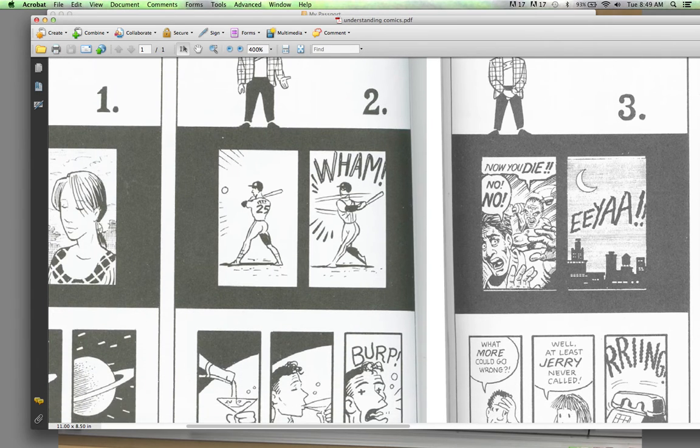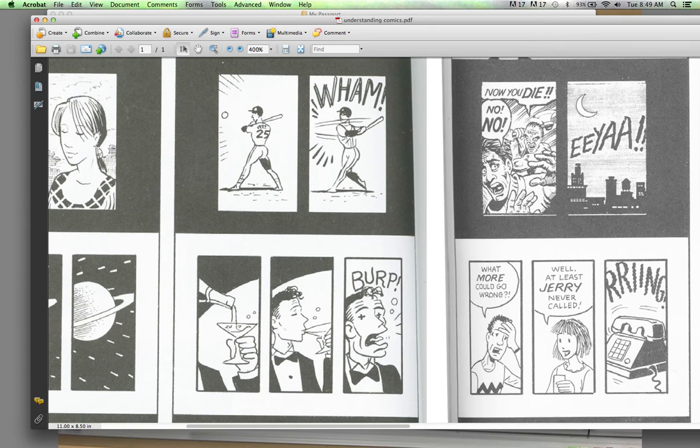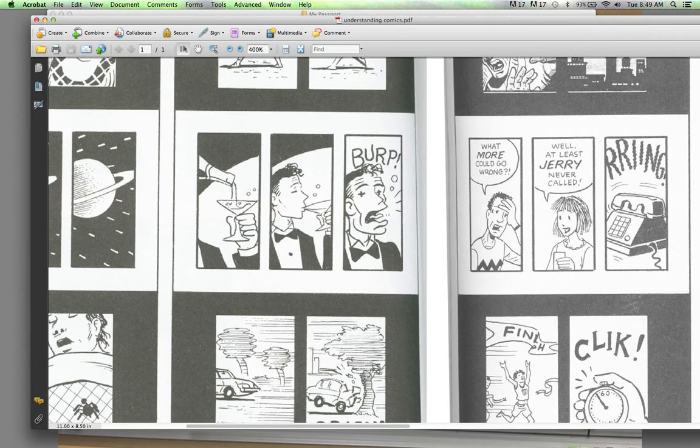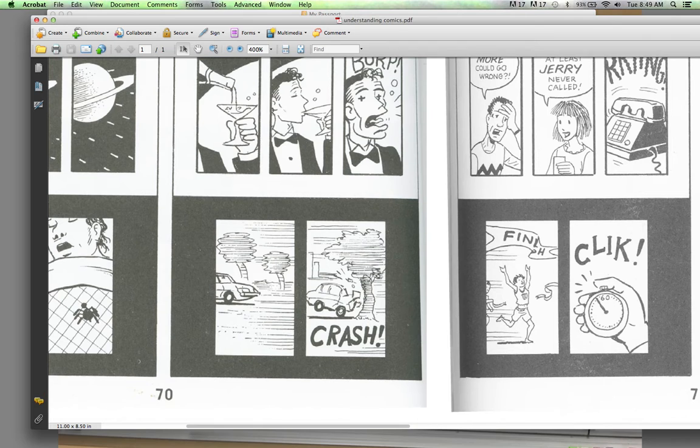The next, we see a close-up of a drink being poured. Looks like it might be champagne. In the second, somebody taking a sip. And the action is a large belch or burp here. In the third panel, we see a car moving very quickly. We can tell by the lines, and then suddenly it crashes.